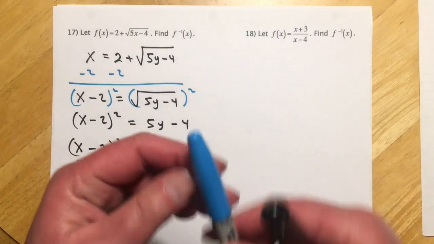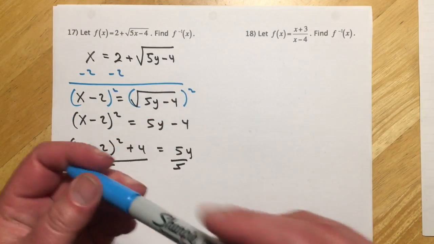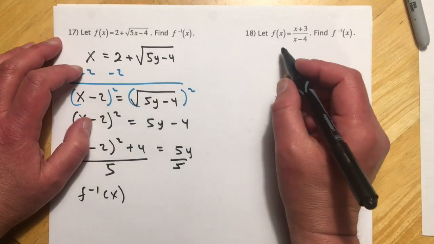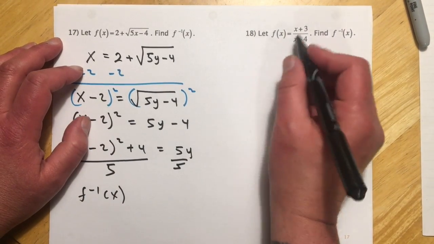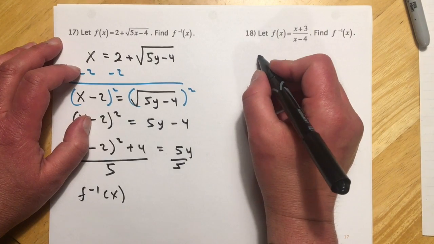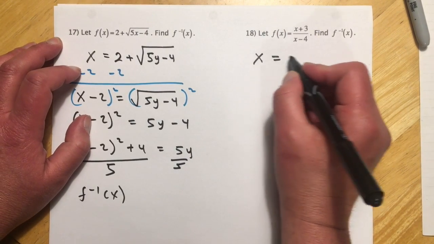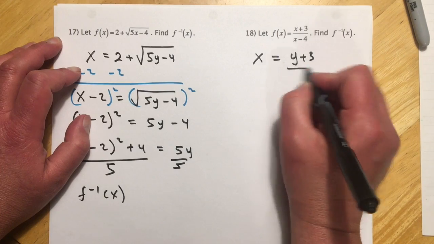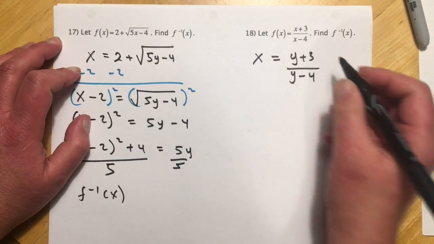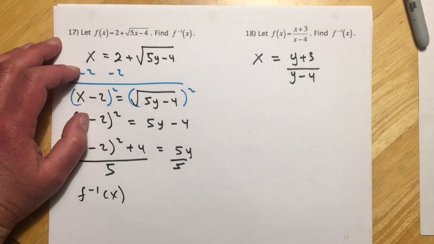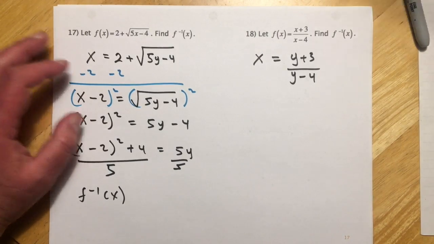And then this last one, for 1.7, this one's a little bit sneaky because we're going to have 2 y's to solve for. So this would look like x equals y plus 3 over y minus 4. And so the first thing I would do is clear the fraction.